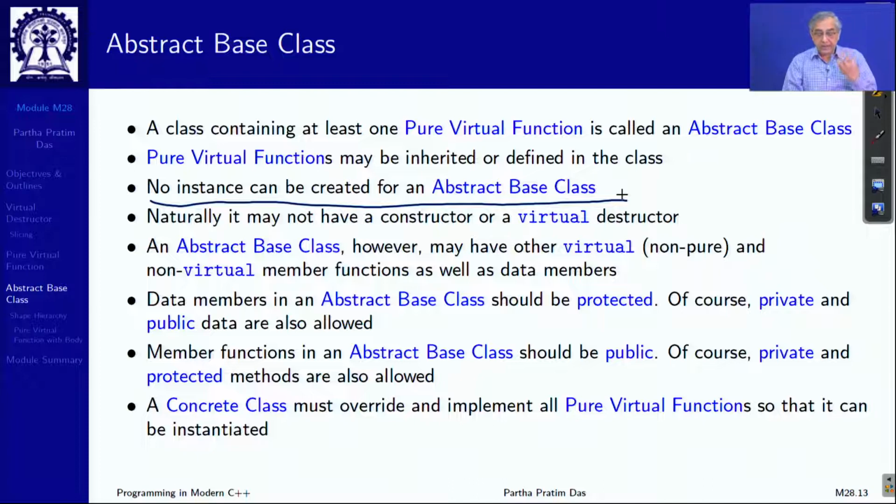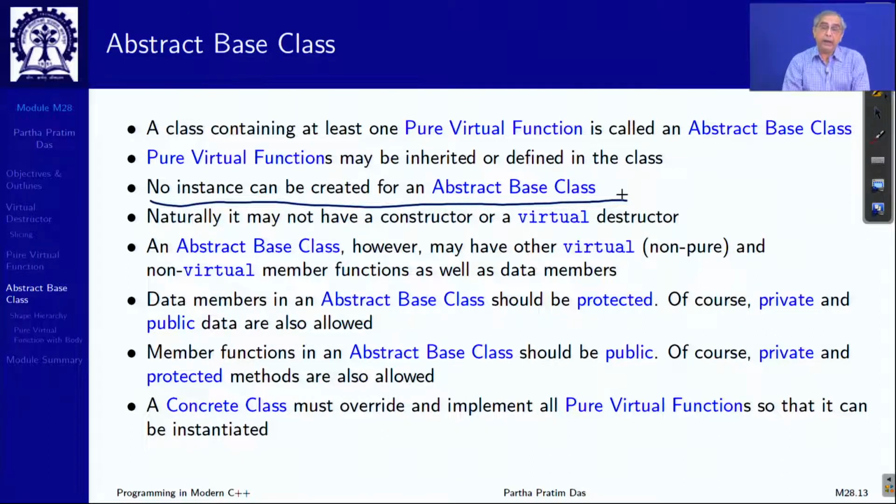So, an abstract base class is one which has at least one pure virtual function, because if you have at least one, then you cannot instantiate an object, but it can have other data members, and it can have virtual and non-virtual functions, in all kinds of specifiers and all that.